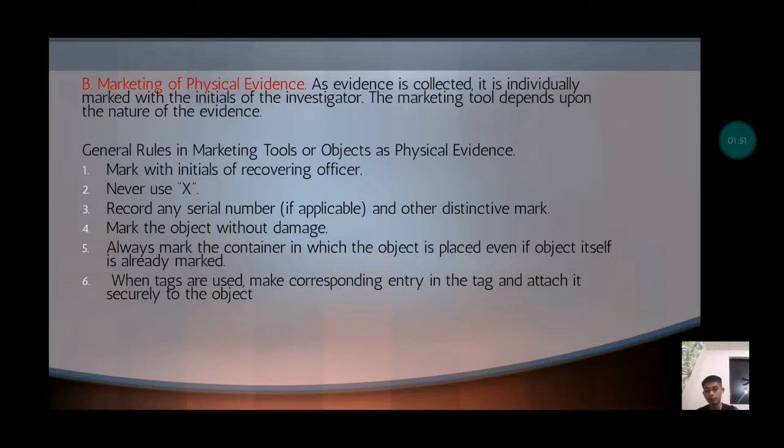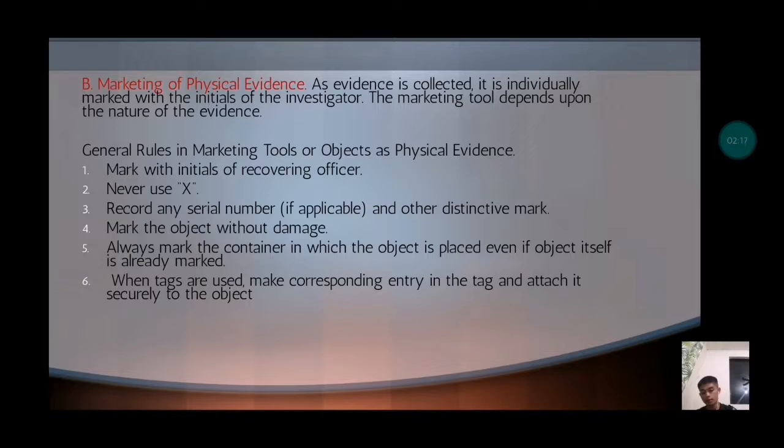So the general rules in marking tools or objects as physical evidence. Number one is mark with the initial of the recovering officer. Number two is never use X. Number three is record any serial number if applicable and other distinctive marks.